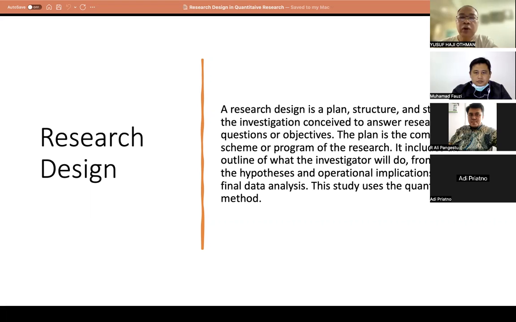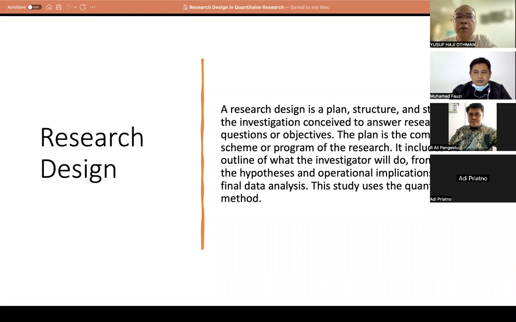We need to have a plan. So what is the plan? The plan is the complete scheme or program of the research.